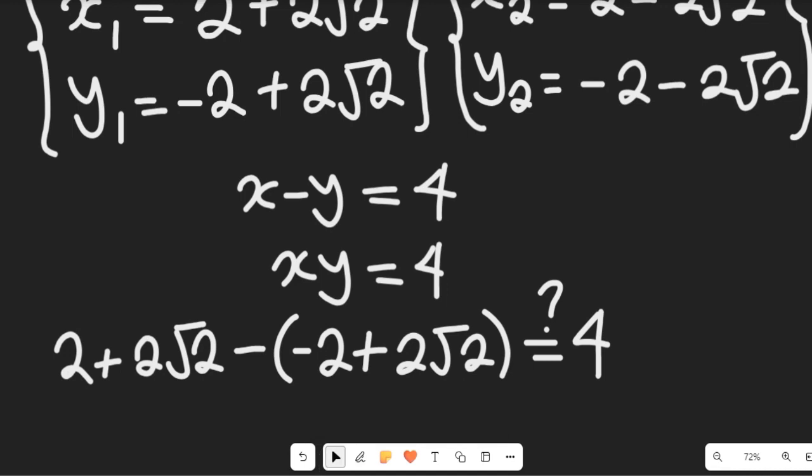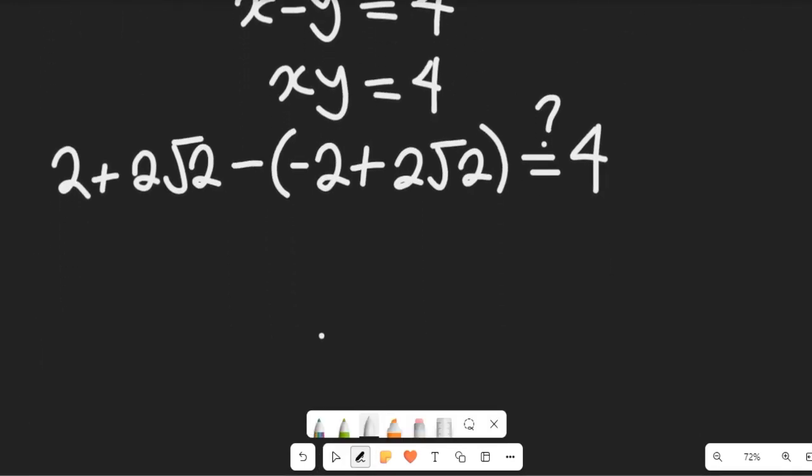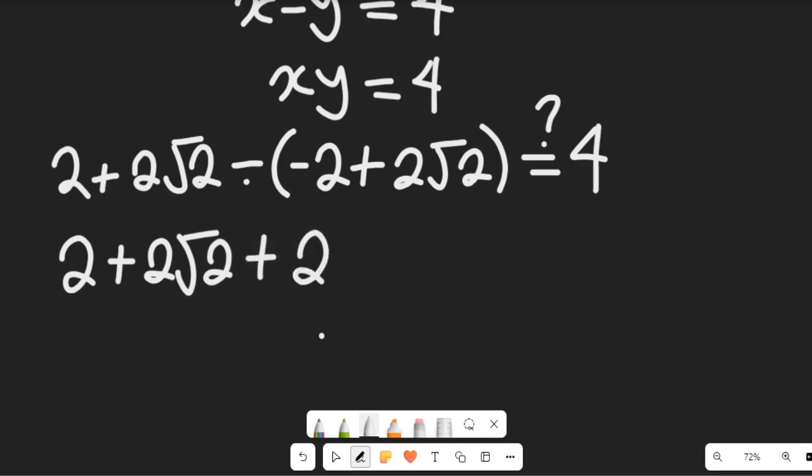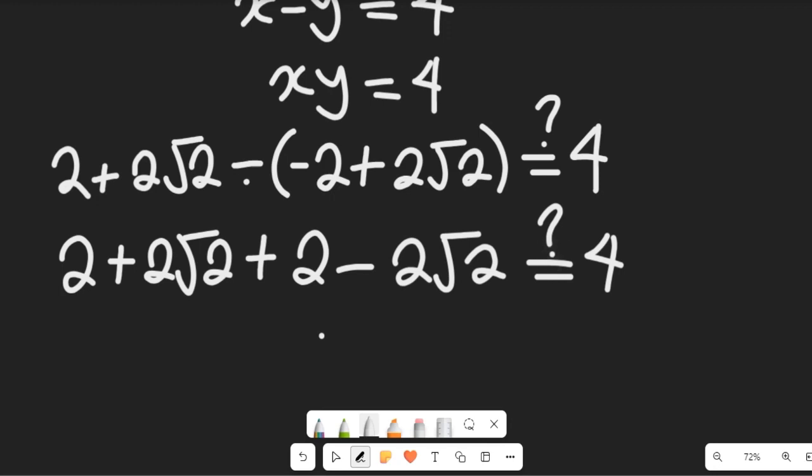Let's try that out. So if we subtract those two expressions, we're going to have 2 plus 2 root 2, minus times minus will give us plus 2, minus times plus is going to give us negative 2 root 2. Now will this give us 4? Let's check.